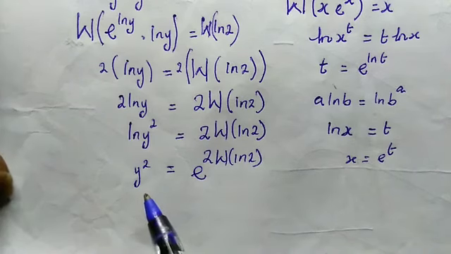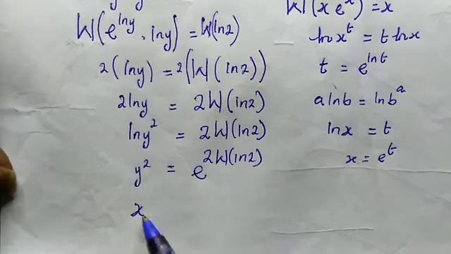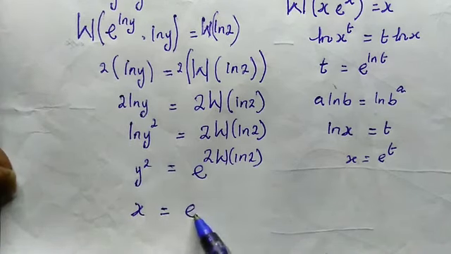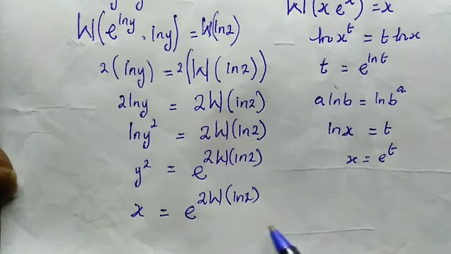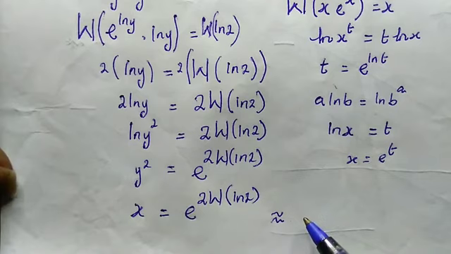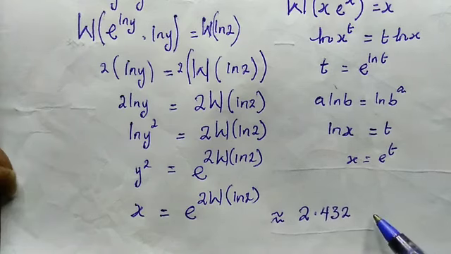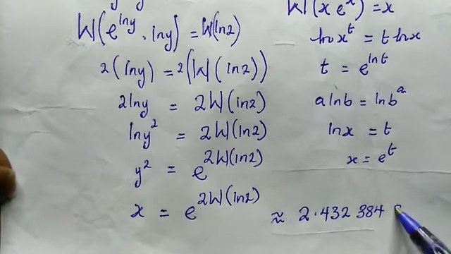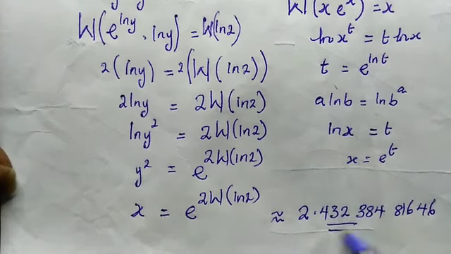And we can see what has happened. y squared is exactly x, and from here we can replace y squared with x, and here we obtain the value for x. x is equal to e to the power of 2 times the Lambert W function of the natural logarithm of 2, and with the help of my calculator, this is approximately equal to 2.43238481646, and this is the solution.